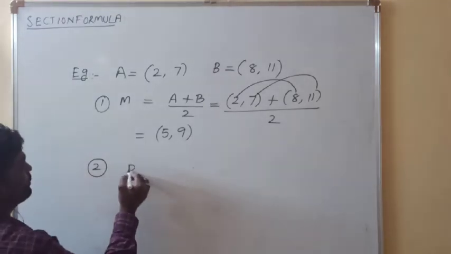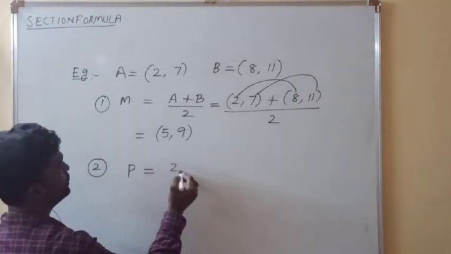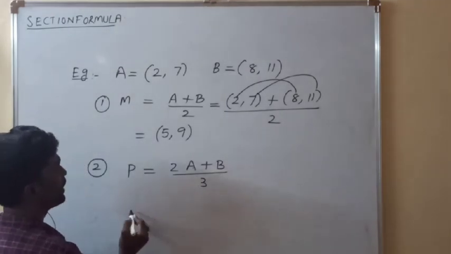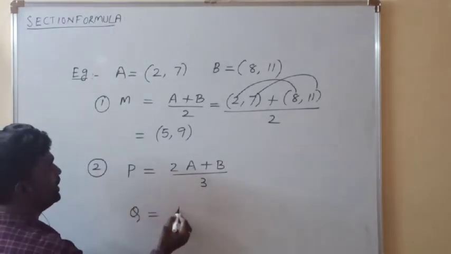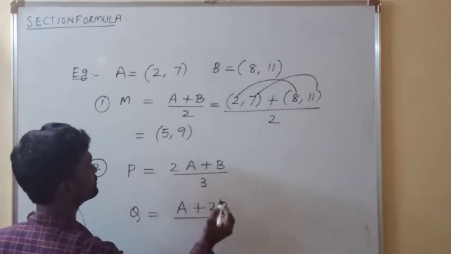Second, points of trisection. Suppose I assume P and Q are the points of trisection, then what is the P point formula? (2A plus B) divided by 3. And Q formula is (A plus 2B) divided by 3.